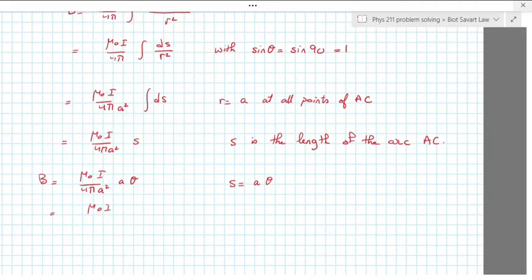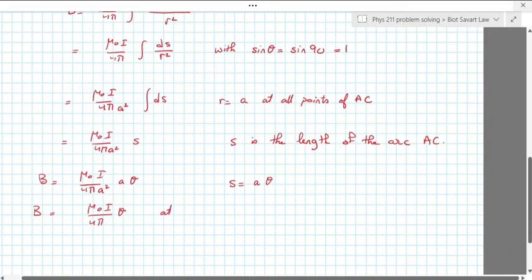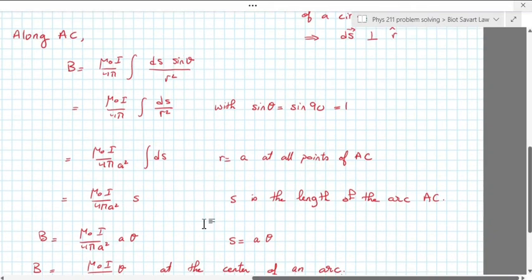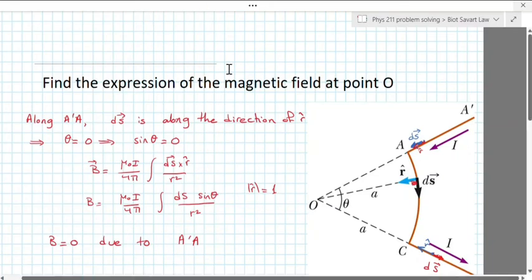And this gives me mu 0 I over 4 pi A times theta. This is the magnetic field at the center of an arc.